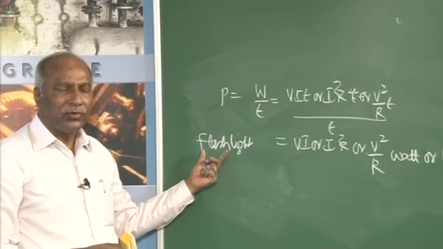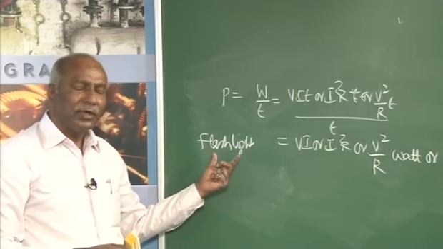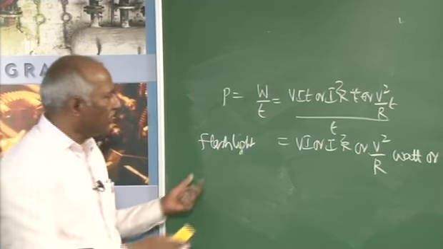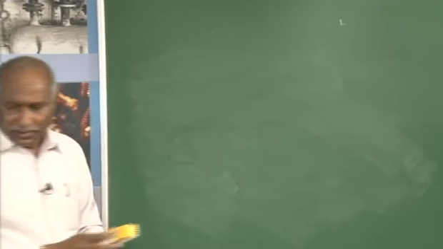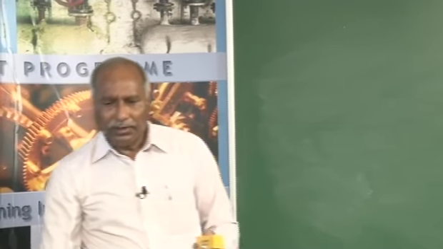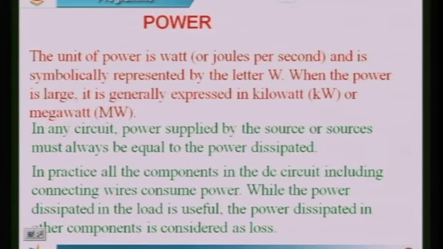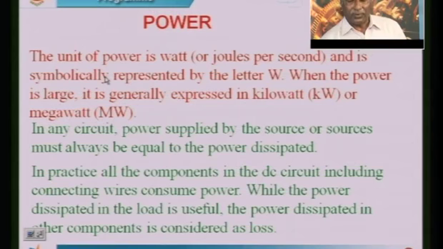It is not so when an electronic watch is used. The unit of power is the watt, that is joules per second, and is symbolically represented by capital W. When power is large, it is generally expressed in kilowatt or megawatt.